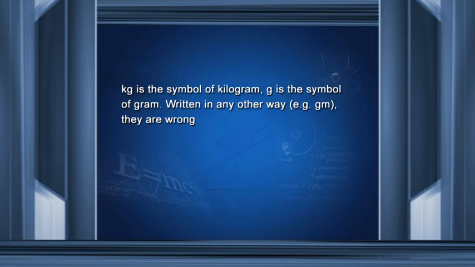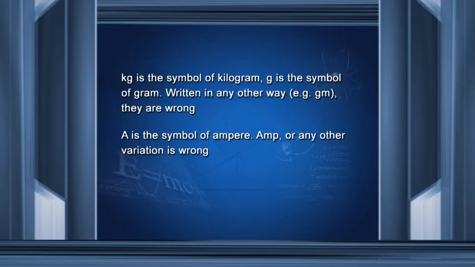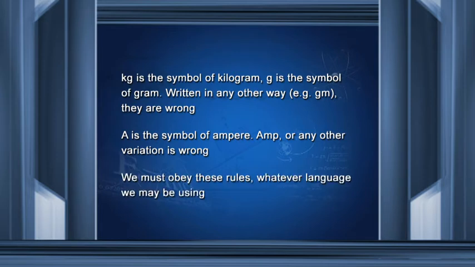Similarly, kg is a symbol of kilogram, g is a symbol of gram. Written in any other way such as gm, they are wrong. Capital A is a symbol of ampere, amp, which you might find in any books, or any other variation is wrong. We must obey these rules whatever language we may be using for learning.